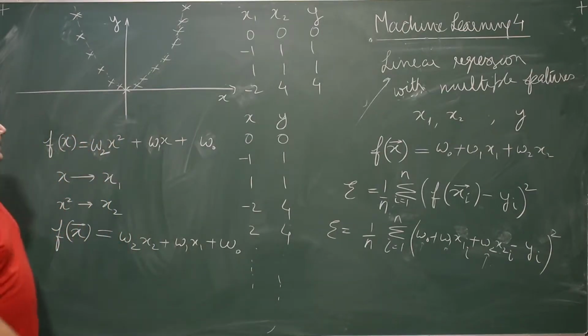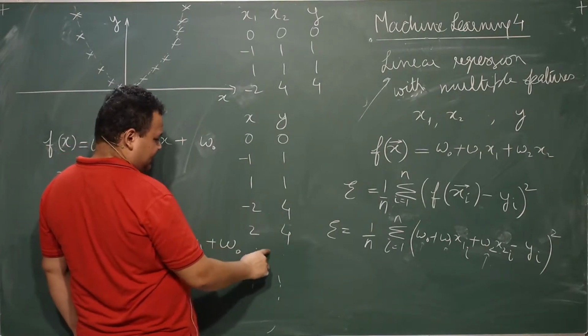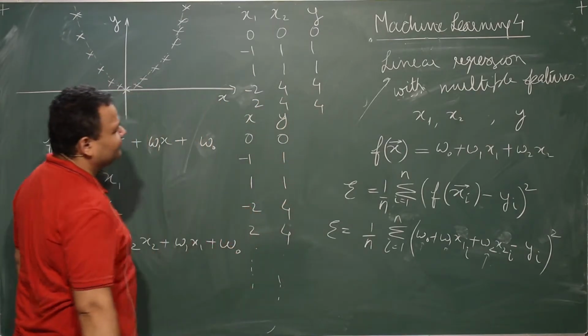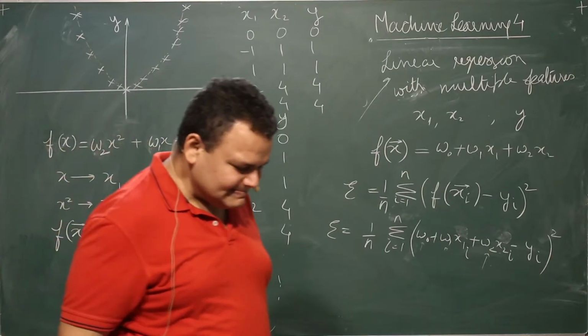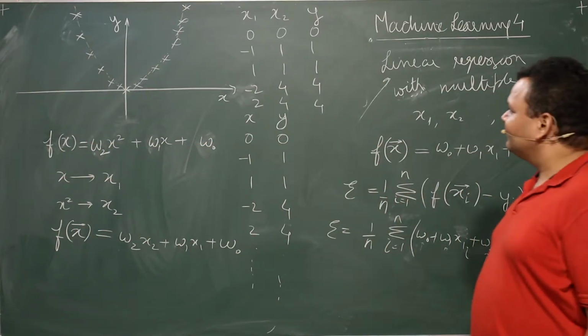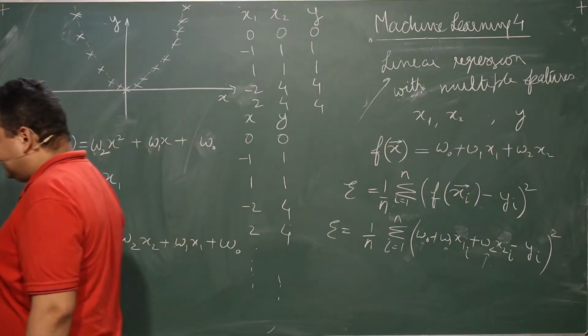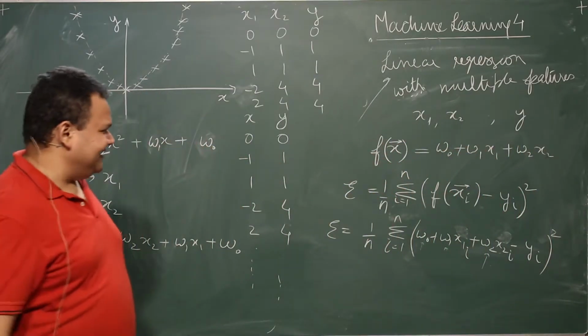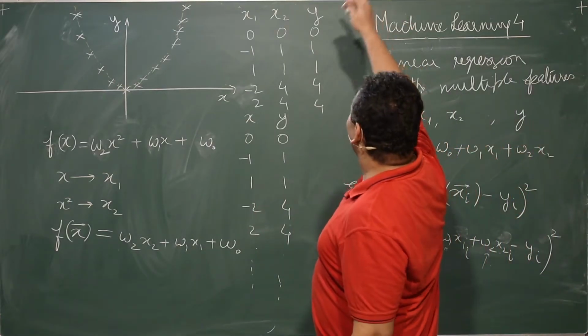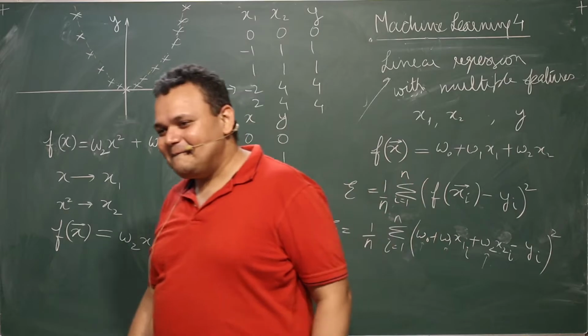And finally the last point that I have written down here is 2, 4 and 4. Now for this particular problem, can you see a linear relation between x2 and y?